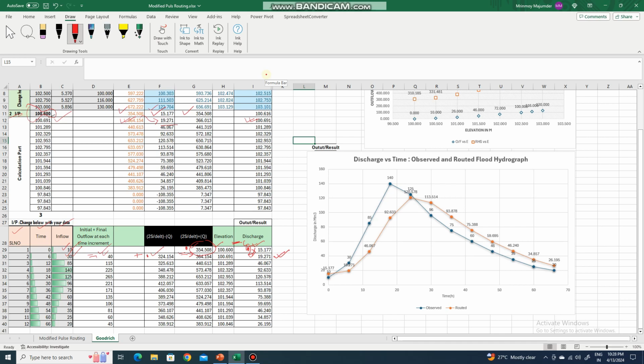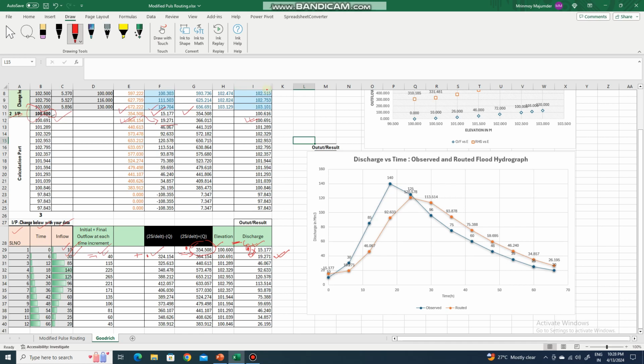So now what happens is, from this new elevation, I will get a new RHS 2S/Δt plus Q, from where I will minus 2 into 19 data, correct?